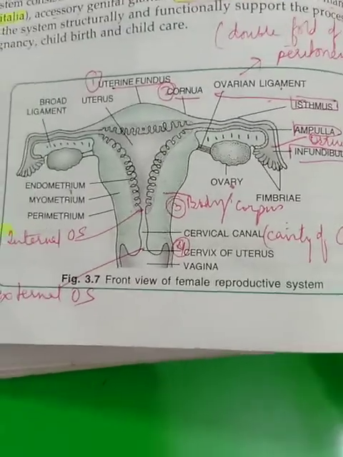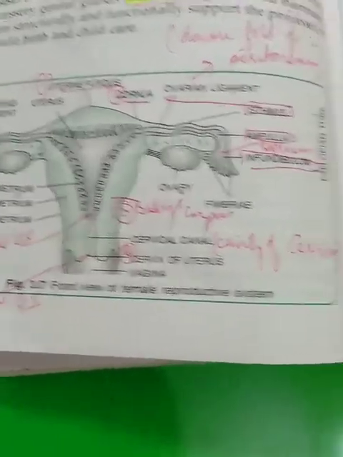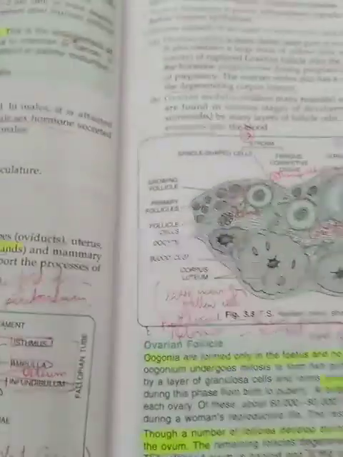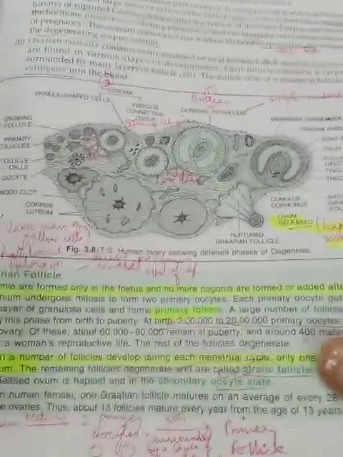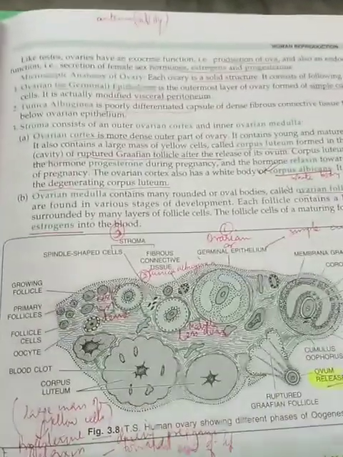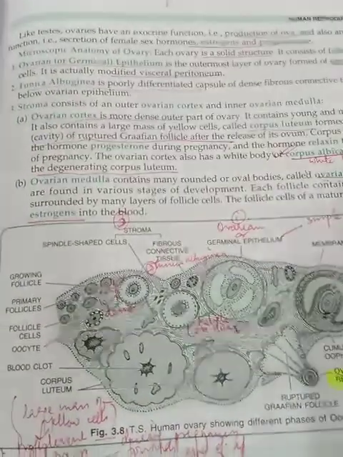Now talking about the functions of ovary, just like testes, they had exocrine plus endocrine function. That is, as exocrine, they secreted sperms, and as endocrine, they secreted the hormone, that is the testosterone.